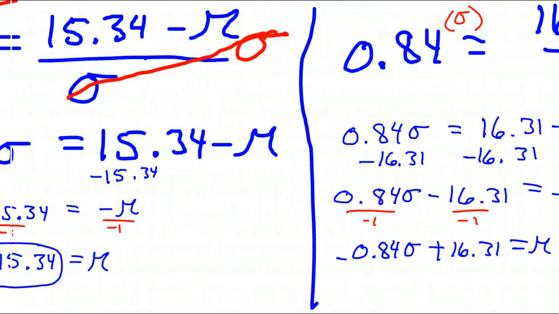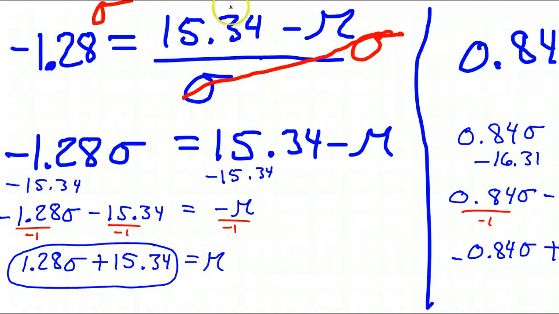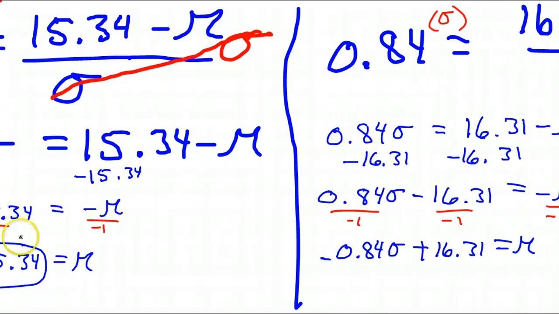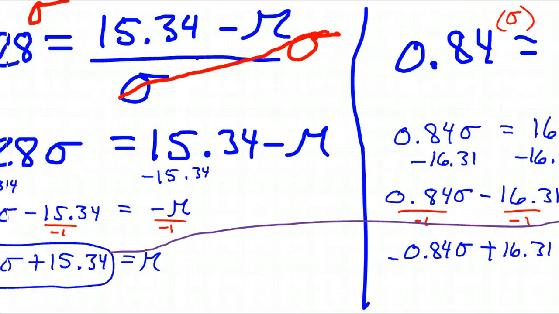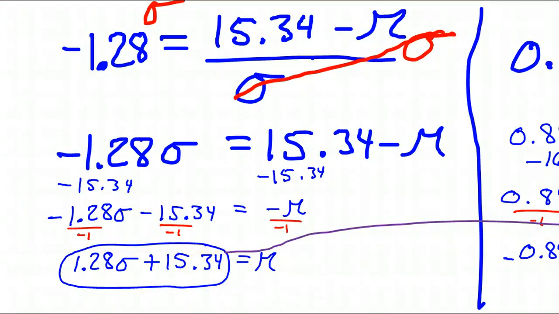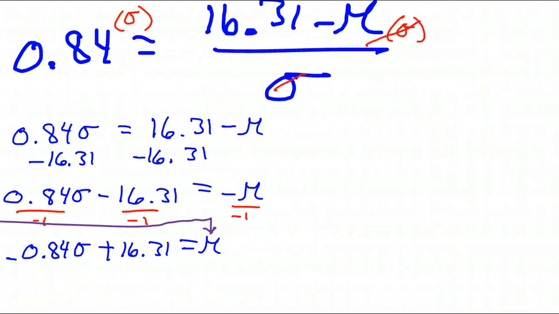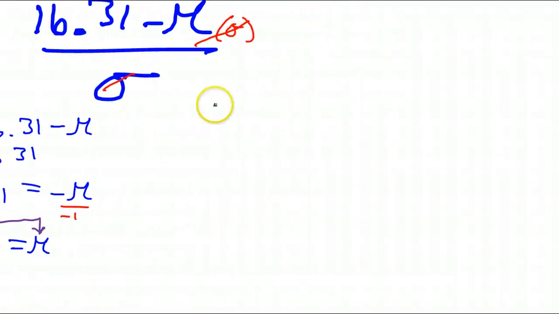All right, now here's where it's time to do my substitution. I'm going to take this, which is the value of the mean, and I'm going to plug it in. Can I get it to scroll like this? No, guess not. I'm going to plug it in all the way over here, right there. So basically I'm going to wind up setting these equal to each other. So in fact, I think I'm going to bring it over here.